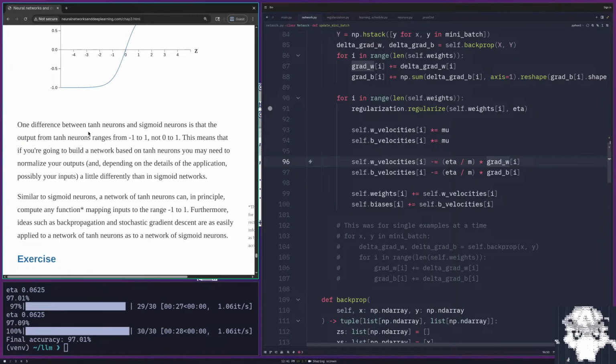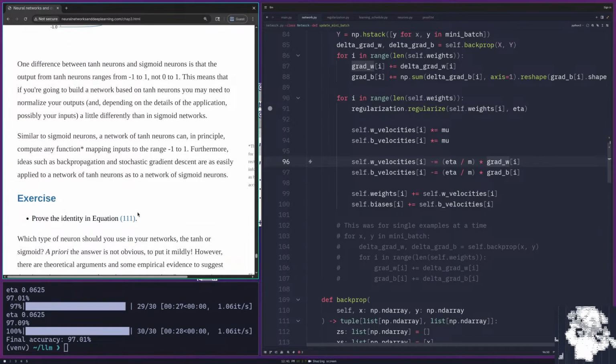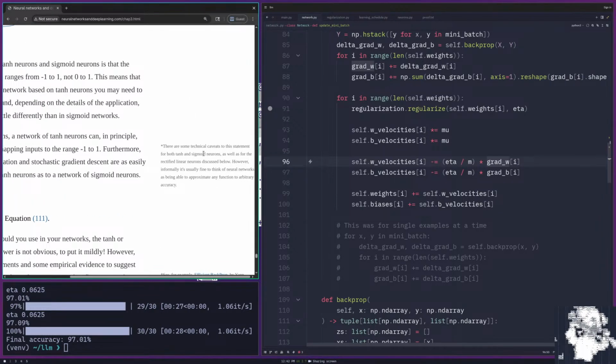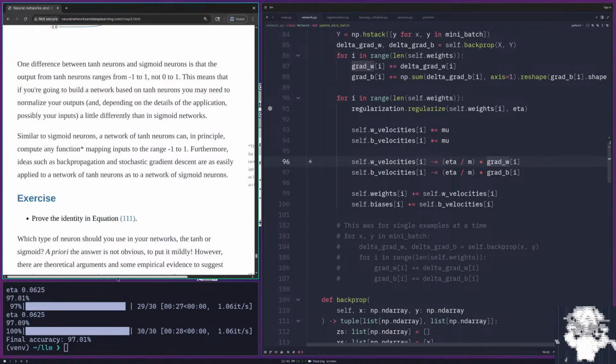Similar to sigmoid neurons, a network of tanh neurons can, in principle, compute any function, mapping inputs to the range -1 to 1. Furthermore, ideas such as backpropagation and stochastic gradient descent are as easily applied to a network of tanh neurons as to a network of sigmoid neurons. Footnote: there are some technical caveats to this statement for both tanh and sigmoid neurons, as well as for the rectified linear neurons discussed below. However, informally, it's usually fine to think of neural networks as being able to approximate any function to arbitrary accuracy.